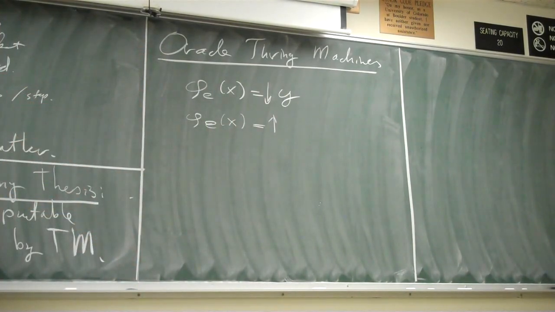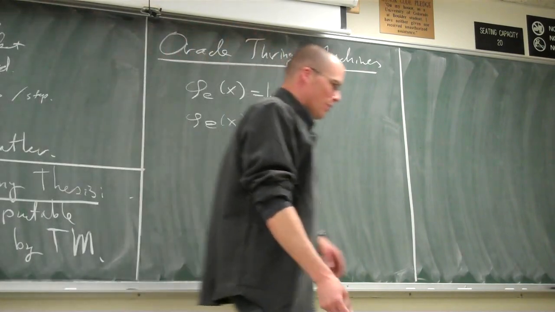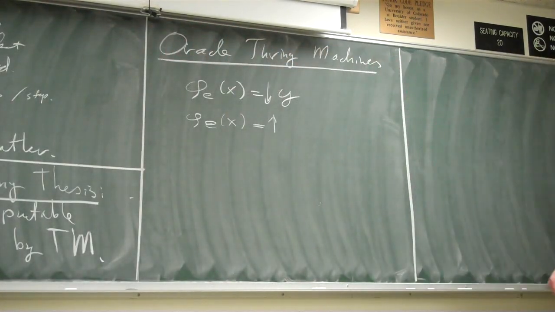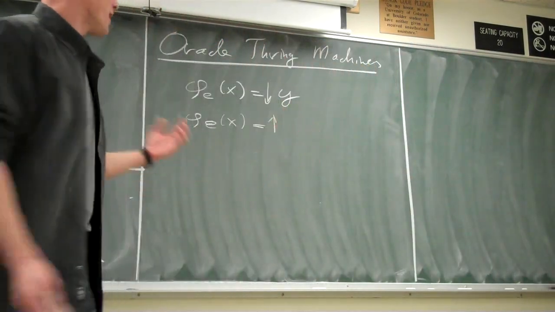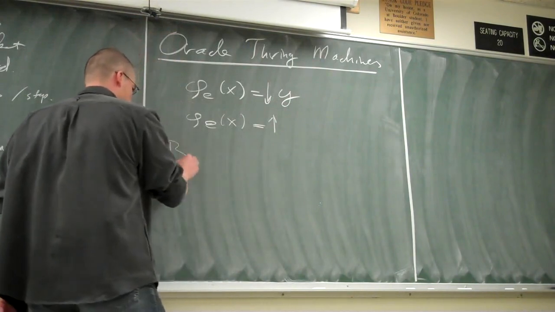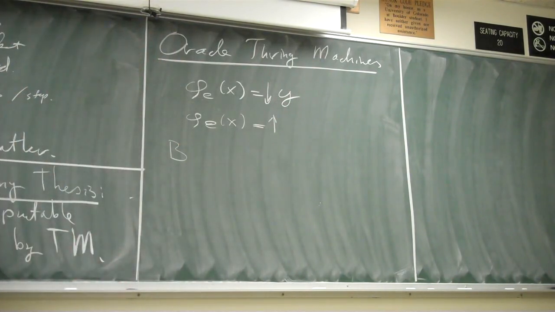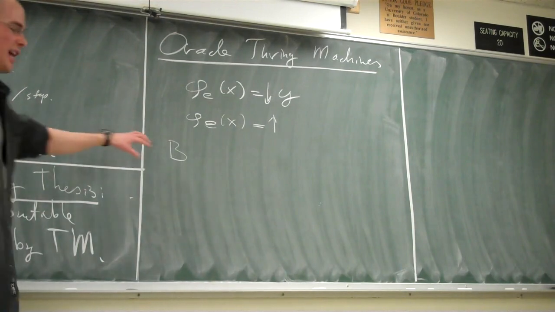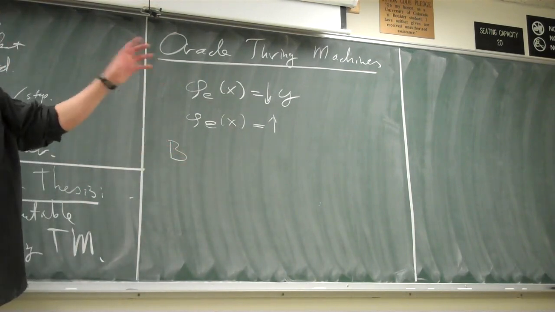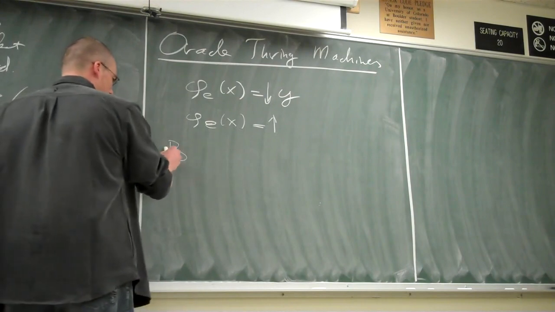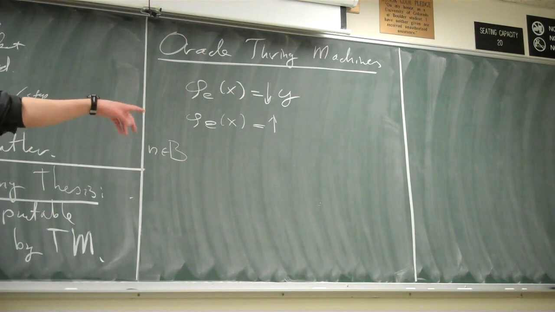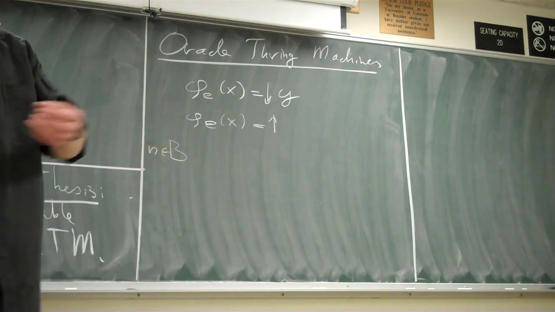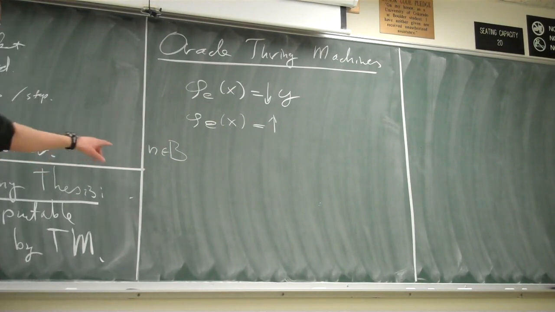One of the things that you could imagine is that you have your Turing machine, and there is a particular set of natural numbers you care about a lot. Let's call this set B. It's a set of natural numbers, so it's completely determined by yes and no answers to whether n is in B. Right? 1 is in B, 2 is not in B, 3 is in B, and so on.